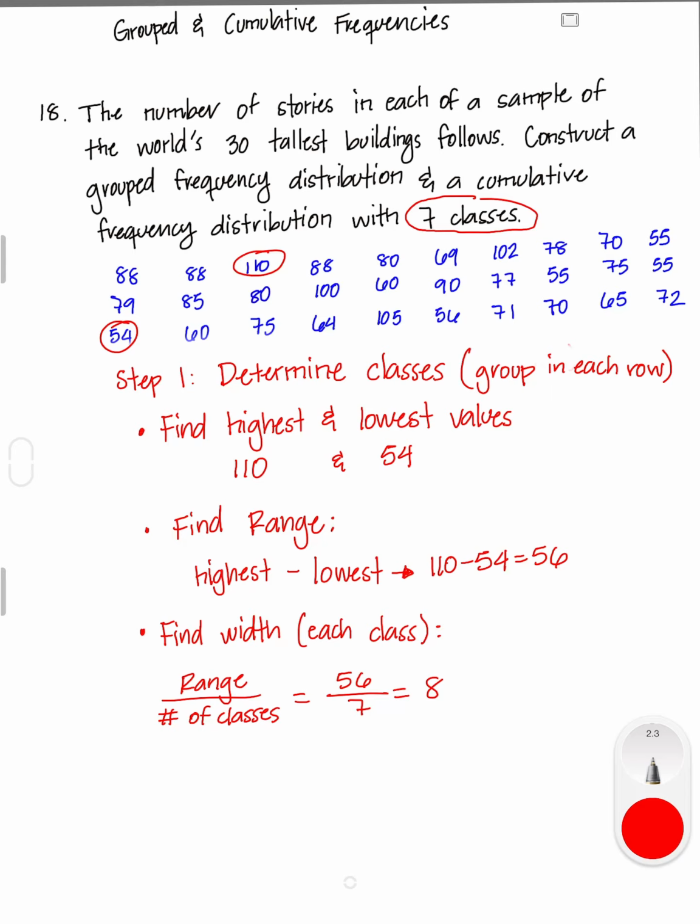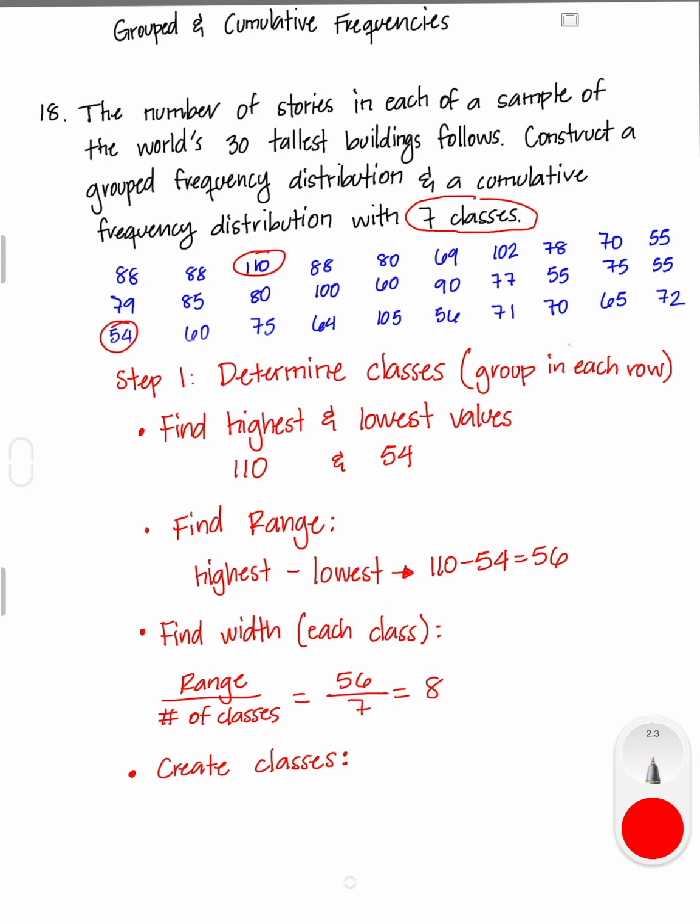Now the next step is to create the classes. How do we create the classes? We take the lowest value, or a value that's lower than that. In this case, our lowest value is 54.